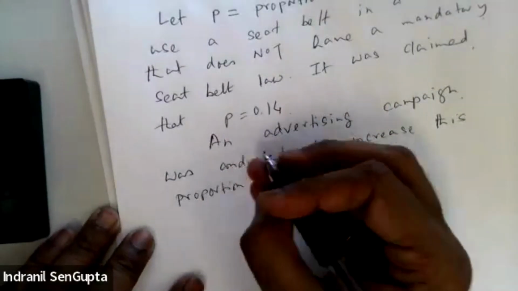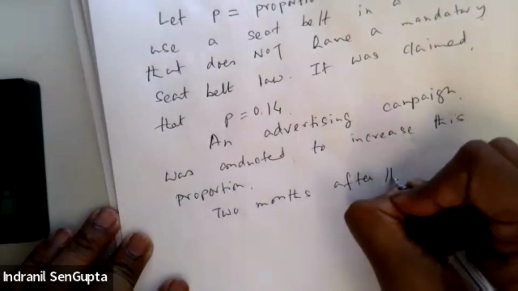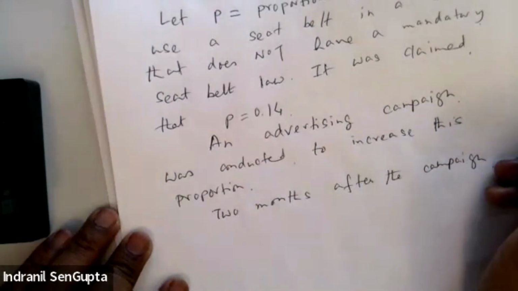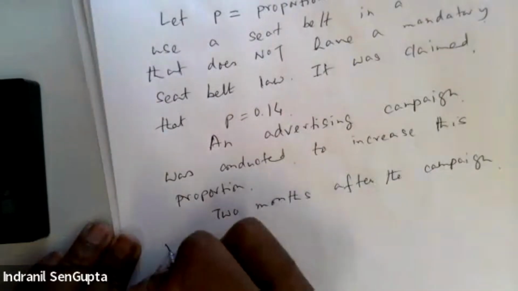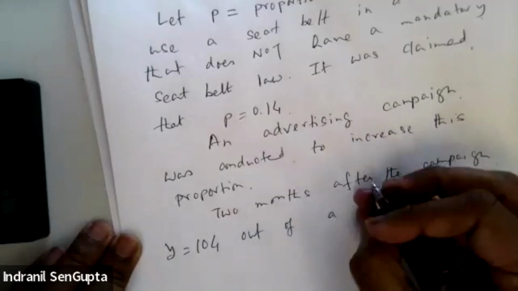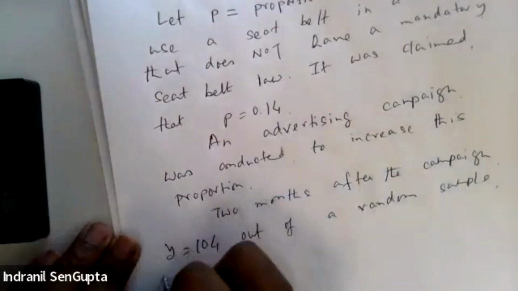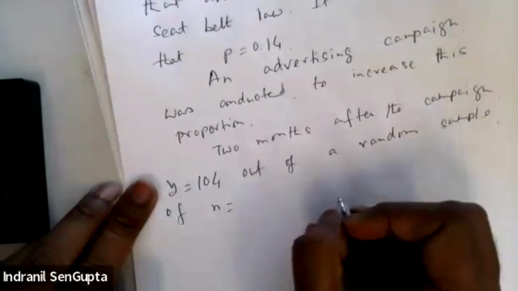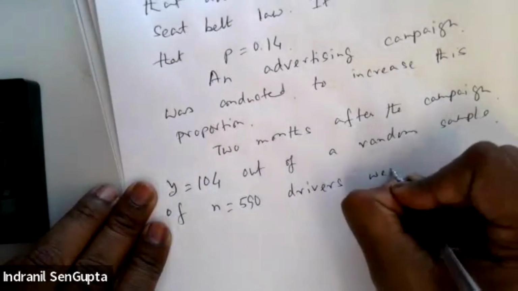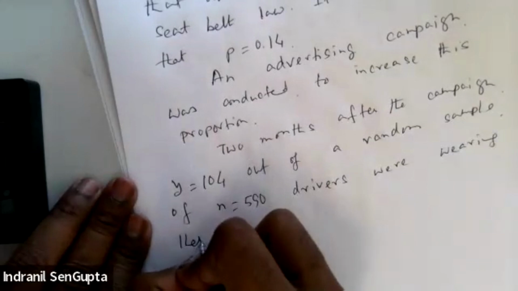So what happens is, 2 months after the campaign, y equals 104 out of a random sample of n equals 590 drivers were wearing their seatbelts.